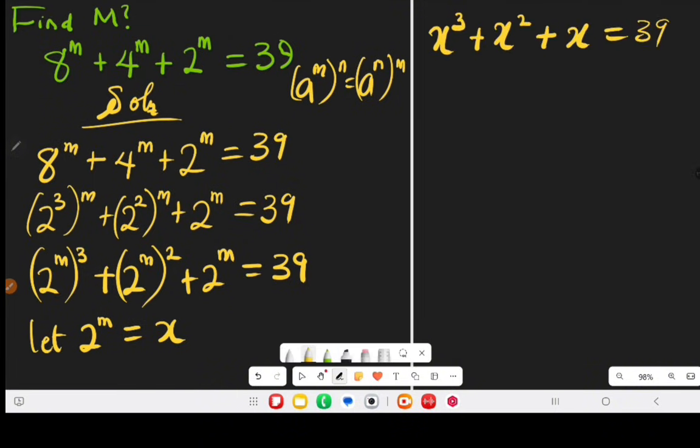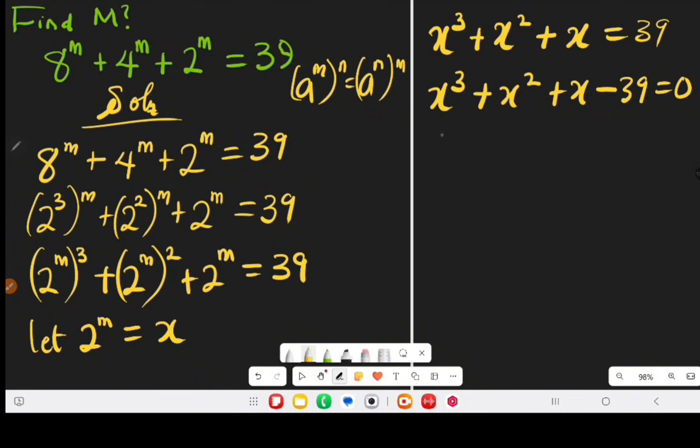Now we move 39 to the left hand side. We are having x raised to the power of 3 plus x raised to the power of 2 plus x raised to the power of 1, which remains x, minus 39 equal to 0.